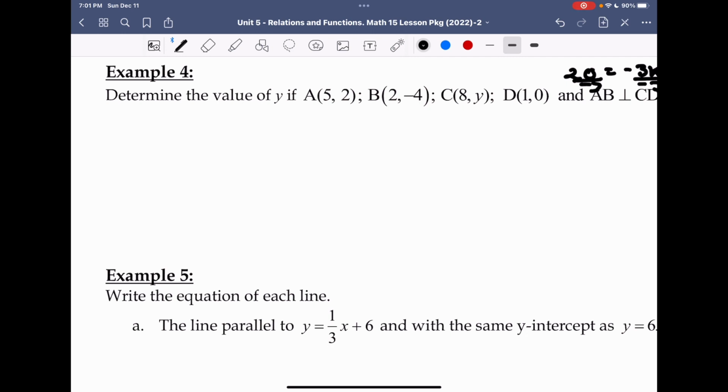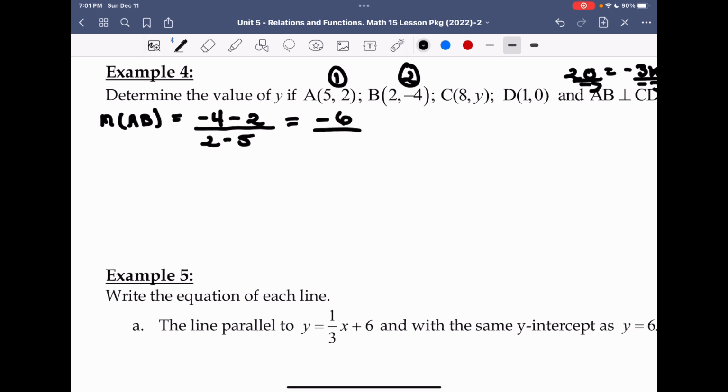So our slope of AB is going to be equal to, well, I'm going to assign this as point 1, this is point 2. By doing the following, I have negative 4 minus 2, which is the change in y, over 2 minus 5, which is the change in x. That means I have negative 4 minus 2 is negative 6, over 2 minus a negative 5 is negative 3.